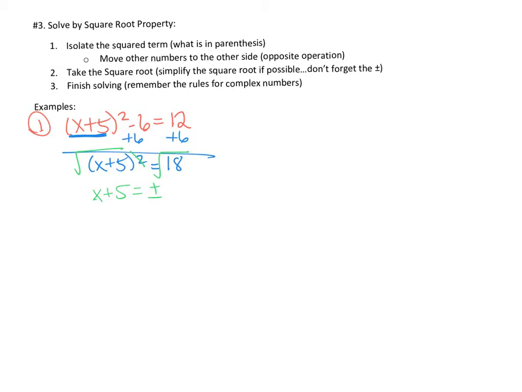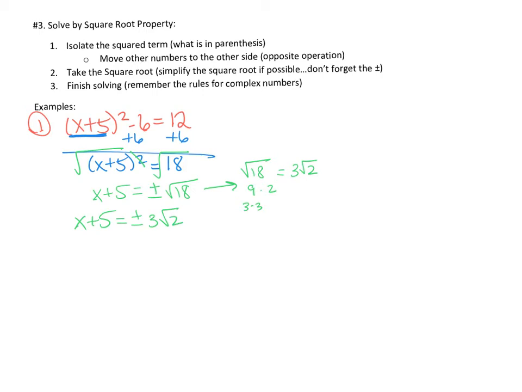And then it forces me to take the square root, possibly having to simplify, which in this case I do. So we're going to take the square root of 18, which we're going to simplify to be 9 times 2, which is 3 times 3. So I would have 3 square roots of 2. Once I simplify it, I'm going to bring it back. So I have x plus 5 equals plus or minus 3 square roots of 2.